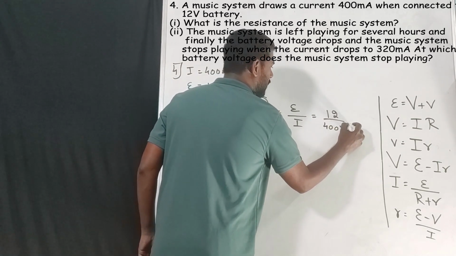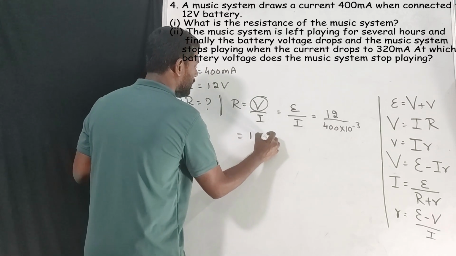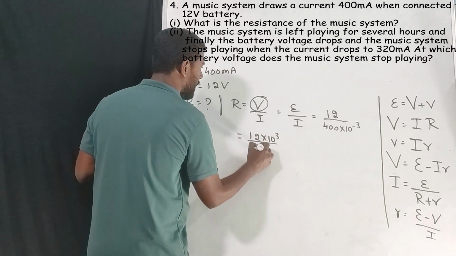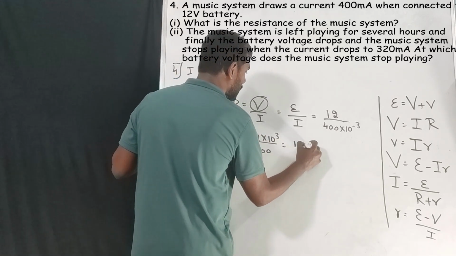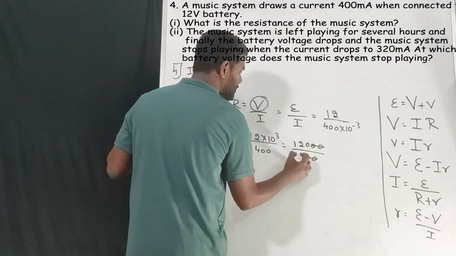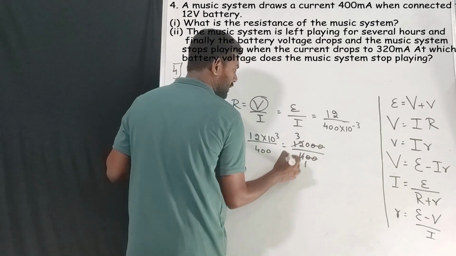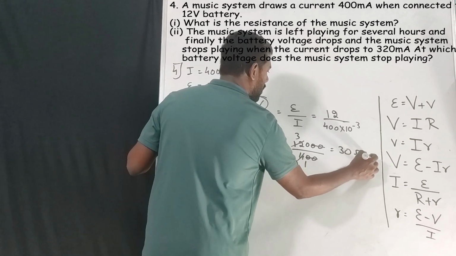Milli is nothing but 10 power minus 3. So this will become 12 into 10 power 3 by 400. Two zeros get cancelled, and this will be 30 ohms.